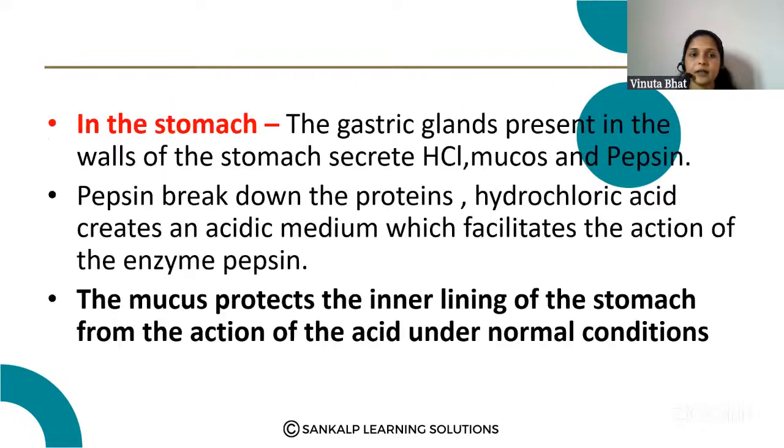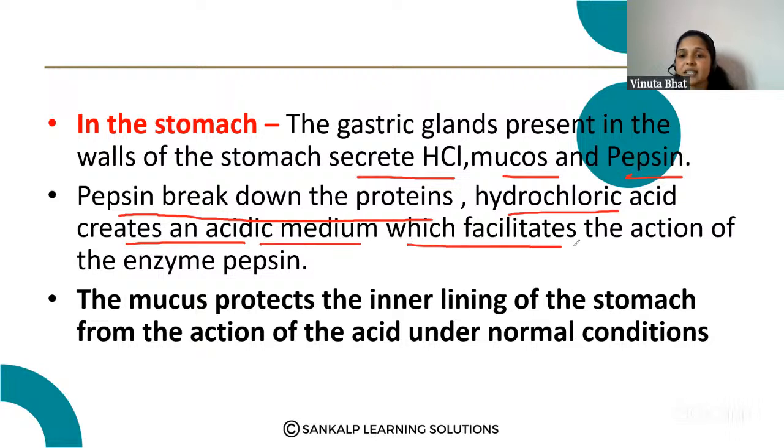Here, in the stomach, gastric glands present in the walls of the stomach secrete HCl, mucus, and pepsin. So these three chemicals are released in the stomach through the gastric glands. Pepsin breaks down the proteins. Hydrochloric acid creates an acidic medium which facilitates the action of the enzyme pepsin.